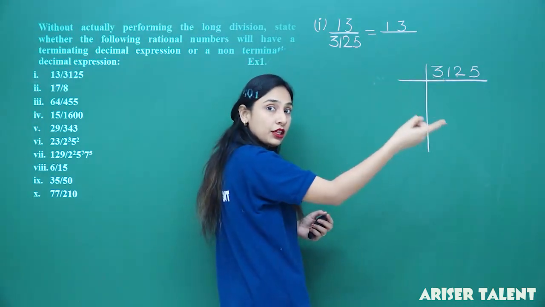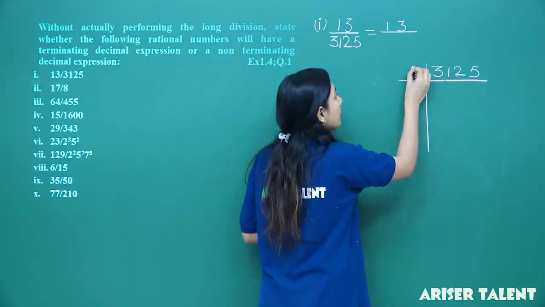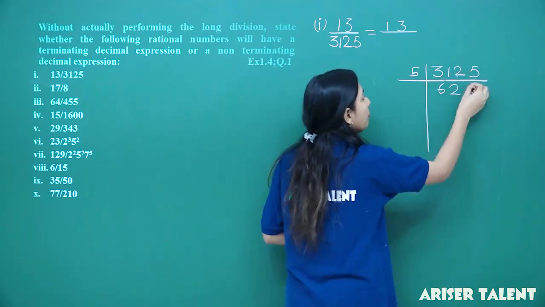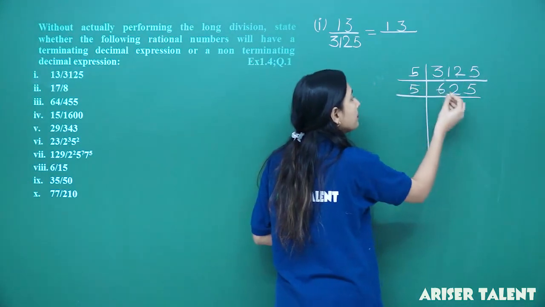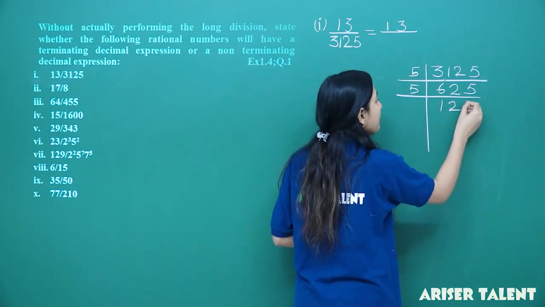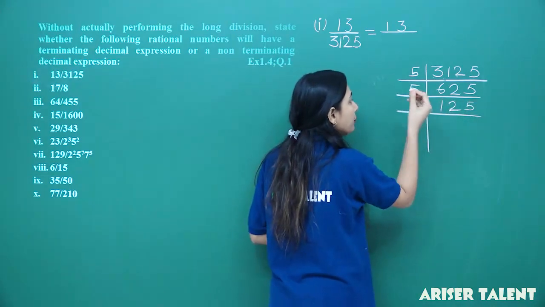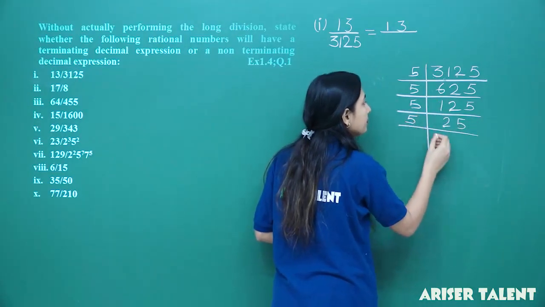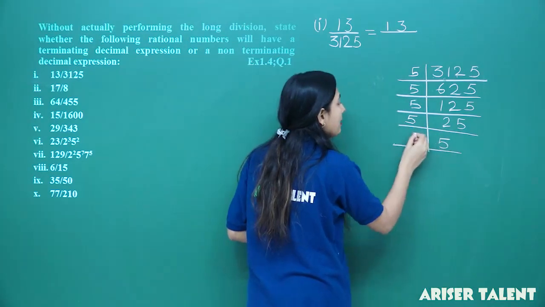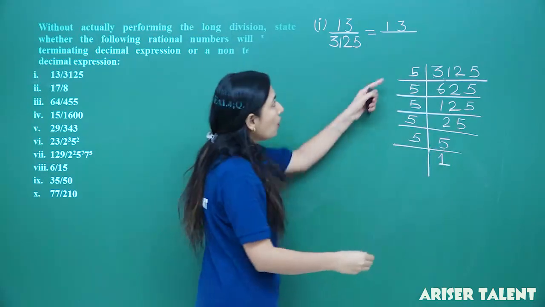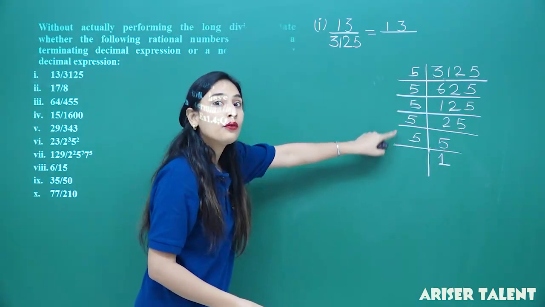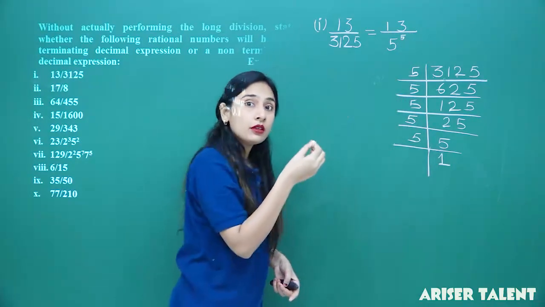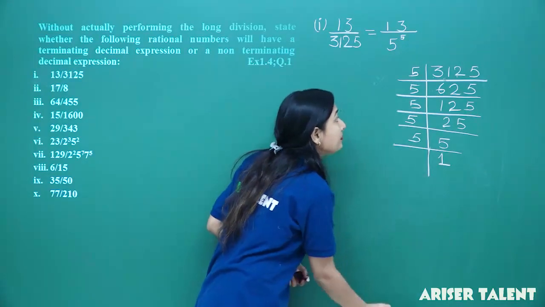It is not divisible by 3 and obviously not by 2, but it is divisible by 5: 3125 divided by 5, again by 5, again by 5, again by 5, again by 5. So, 5 times 5. We will write it this way, 5 raised to power 5. That's how we used to write it.